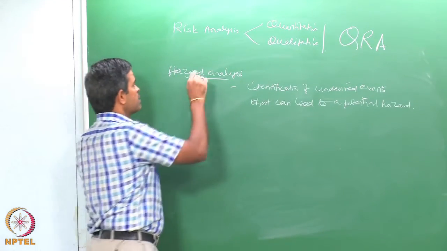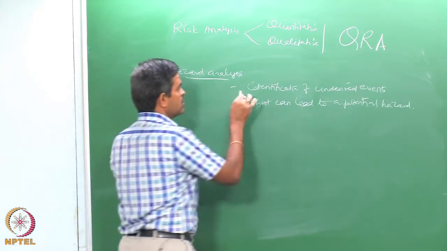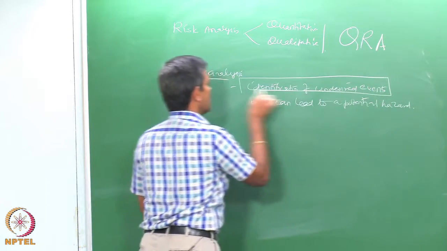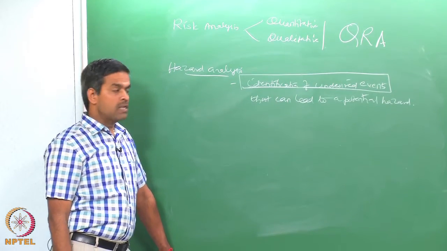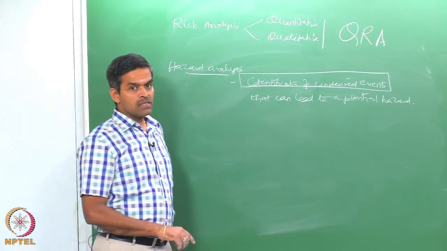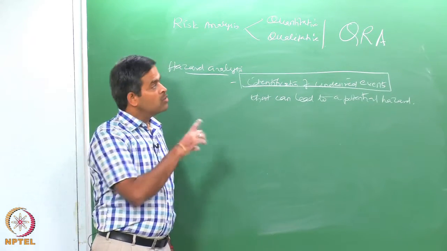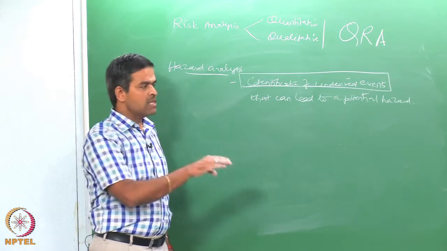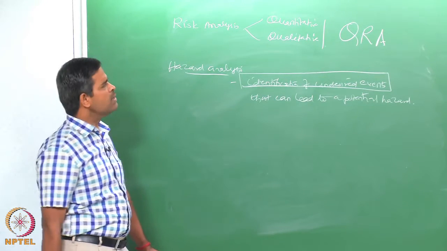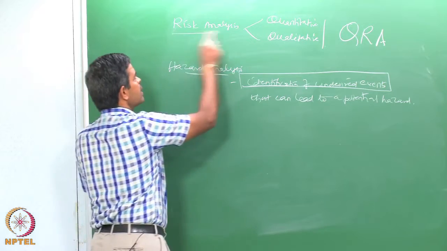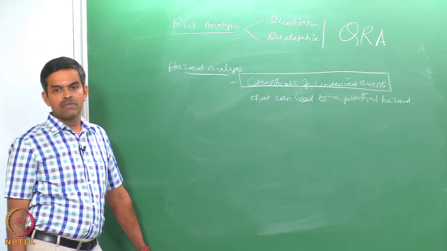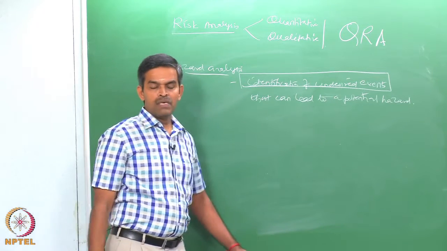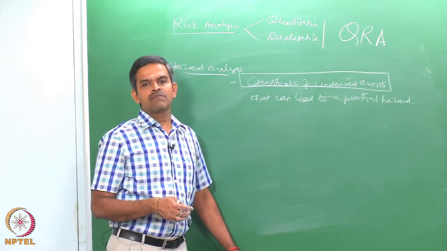So, hazard analysis primarily focuses on identification of the event itself, whereas risk analysis deals with understanding the consequences caused by those events which have created a definite damage. So, possibly risk analysis can be post-accident information, hazard analysis can be preemptive accident information.